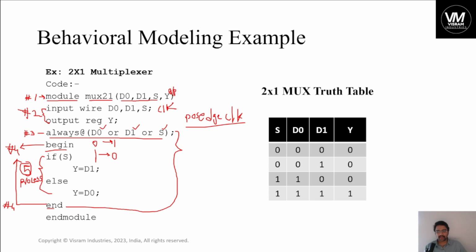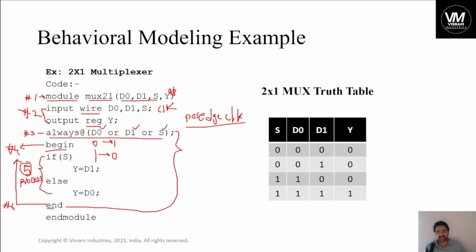Remember how I am making you write, understand. The first step is declaring the module and name. The second step is declaring input wires and output registers. I have declared wires and registers in this way.